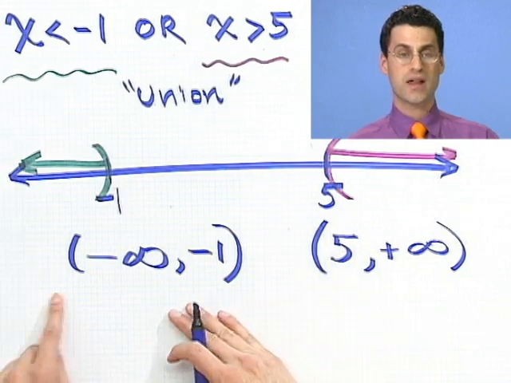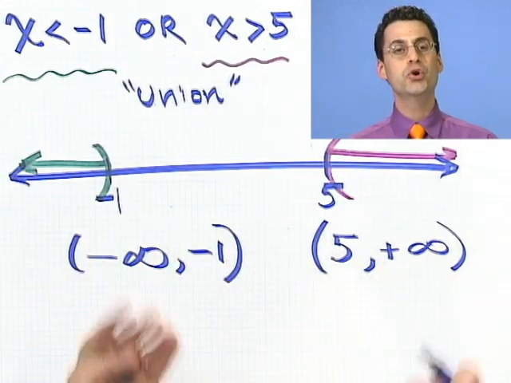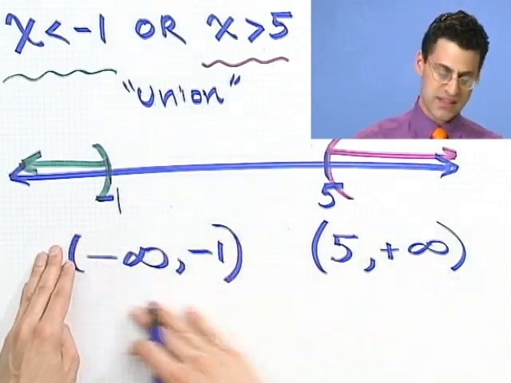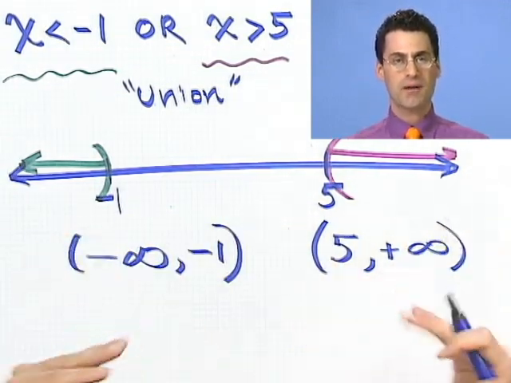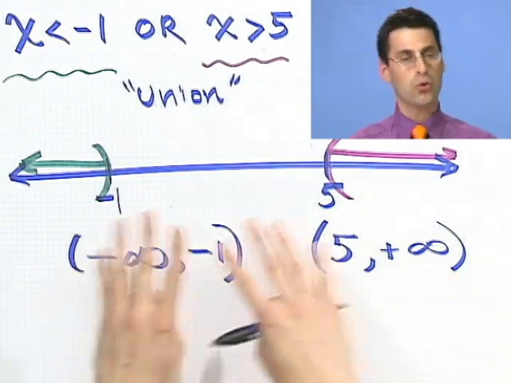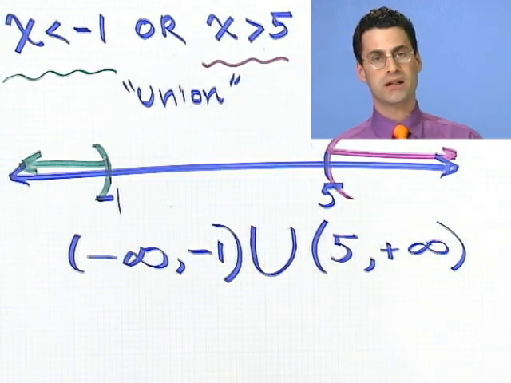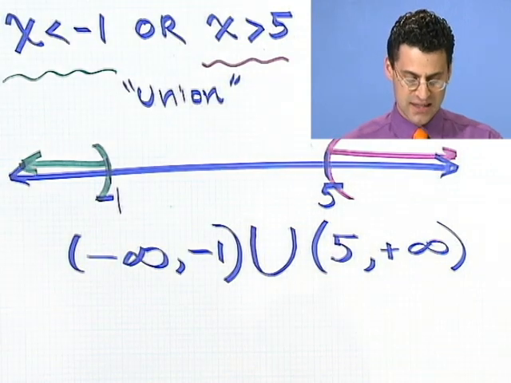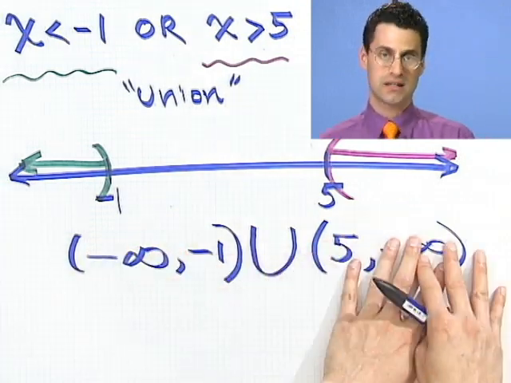Now, how do I show that, in fact, it's this or that? Well, I say, OK, I'm going to take the union, which means this thing and then also this thing. Put them both together. I don't care about the intersection. I can take this or that. And so sometimes we denote that by putting a U here to stand for union. And what that means is that if something is in the union, it's either here or it's here.